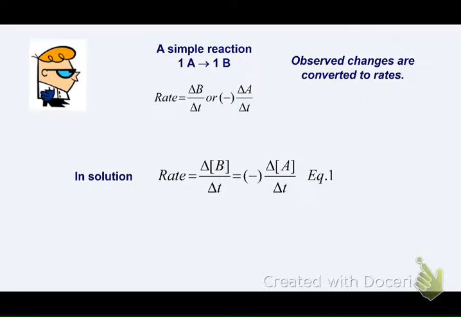If A goes down by 1 molarity unit, what does B go up by? Look at the stoichiometry. It's 1 and 1, right? So A goes down by 1, B's got to go up by 1. Because it's a 1-to-1 stoichiometry. If I use up 1 mole of A, I'll produce 1 mole of B. Because the stoichiometry is 1-to-1.